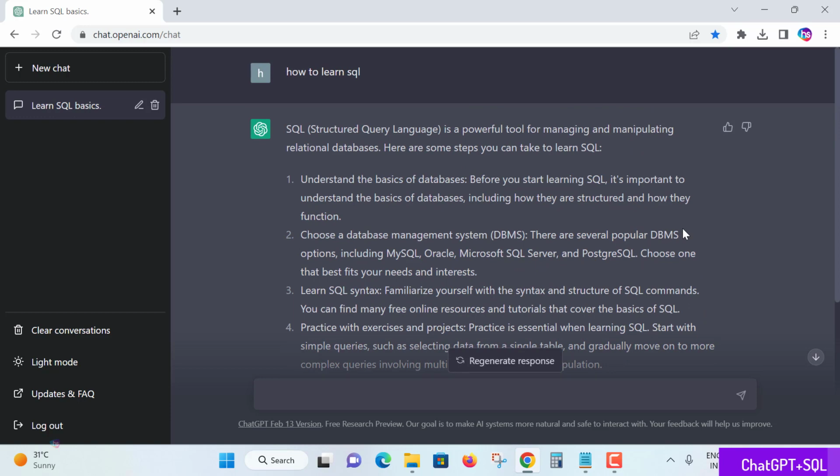Most people may have doubts: will I be able to learn SQL even though I don't have a coding background and I am not from an IT background? Forget all of that. Just begin with SQL from scratch.